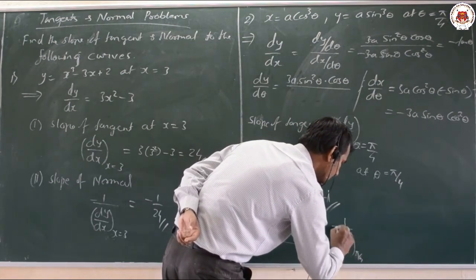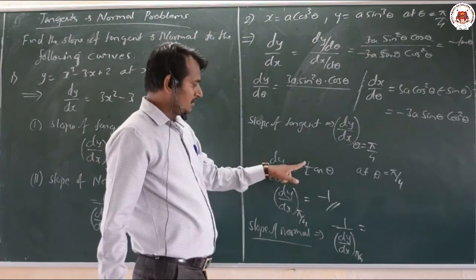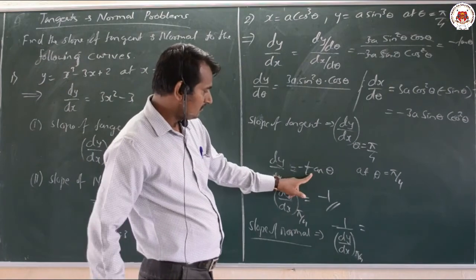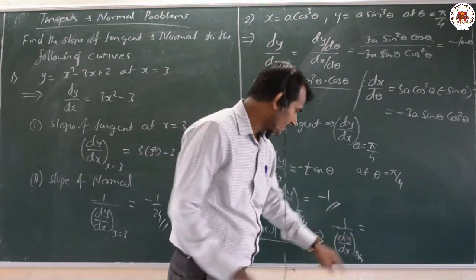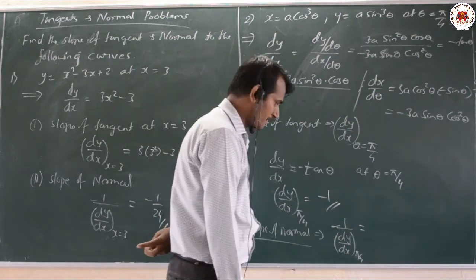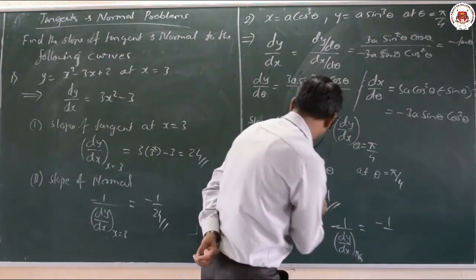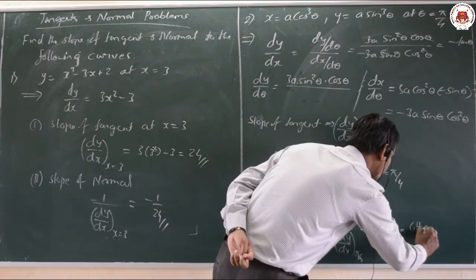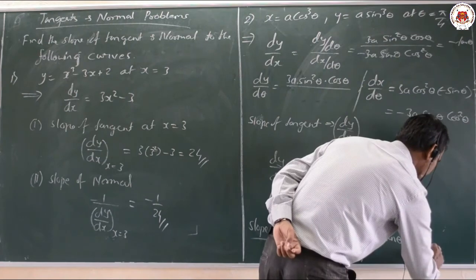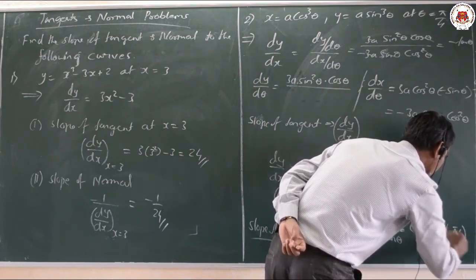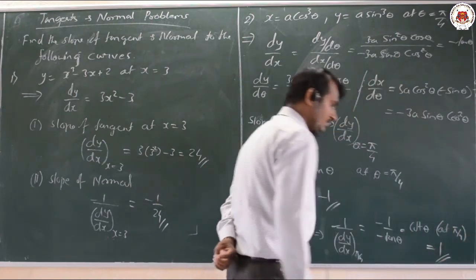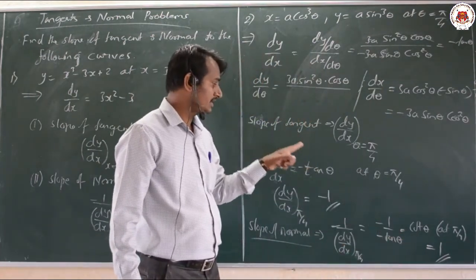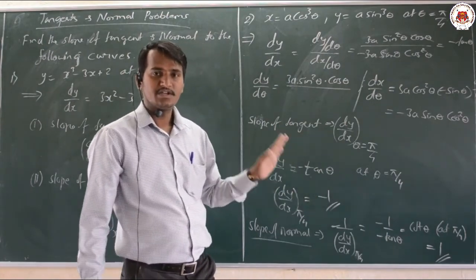At theta equal to pi by 4, the value will be minus 1 divided by minus tan theta, that is cot theta, and at pi by 4 the value will be 1. So therefore the slope of the normal is given by 1 and the slope of the tangent is given by minus 1. That is your required result here.